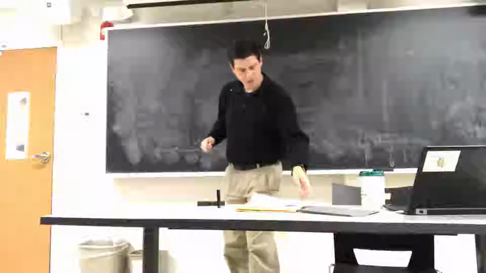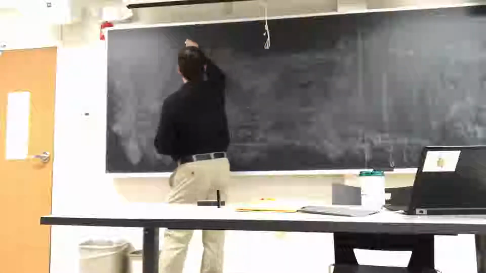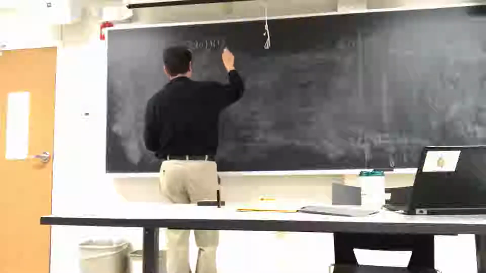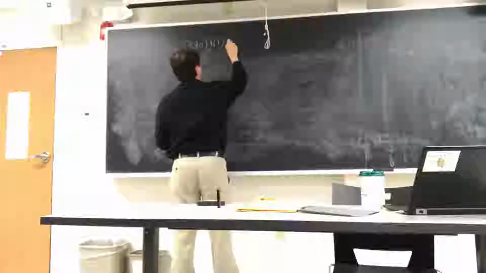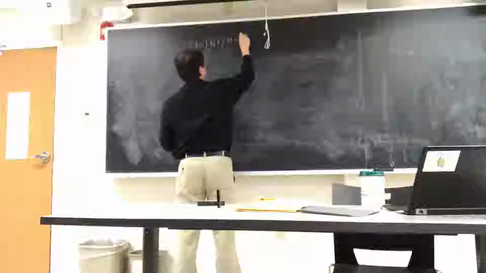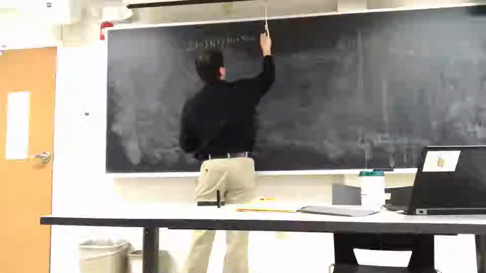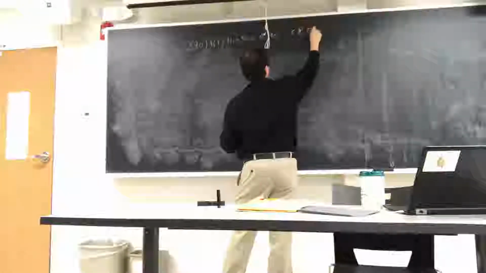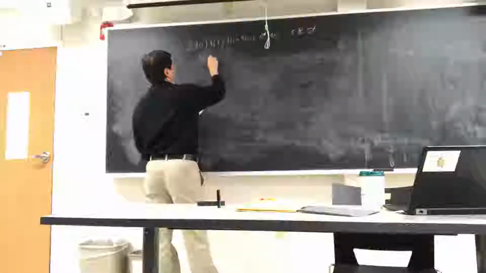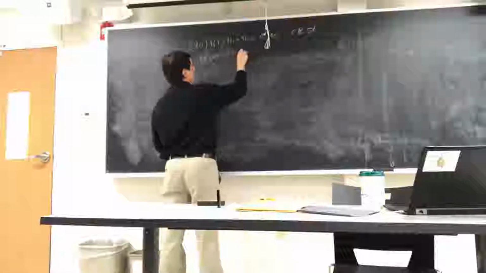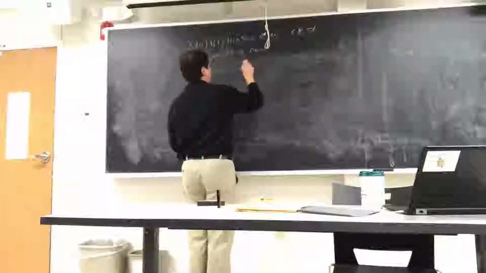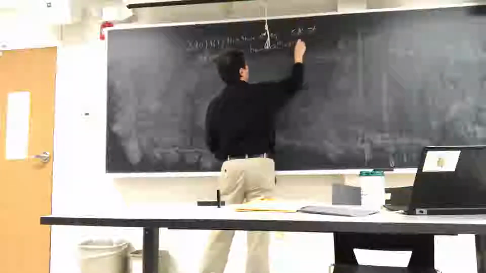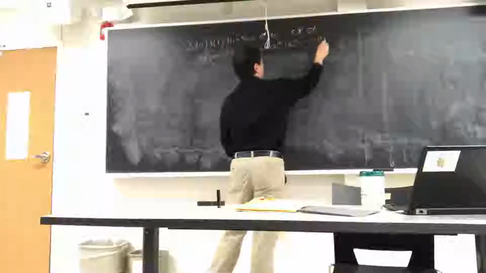All right, so let's start with 210B1. So the question is, are there a1, a2, dot, dot, dot, and ar such that for all positive integers m, we have a1 to the m plus a2 to the m, and so on, equals m.